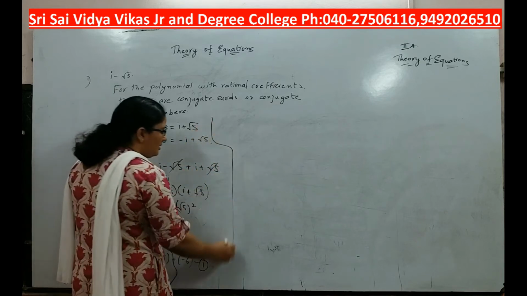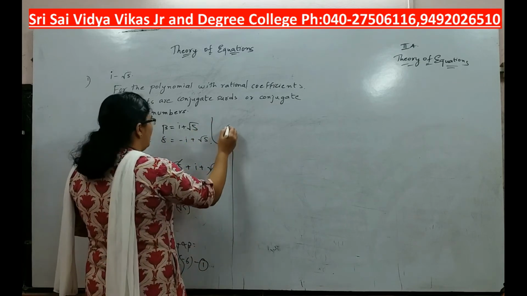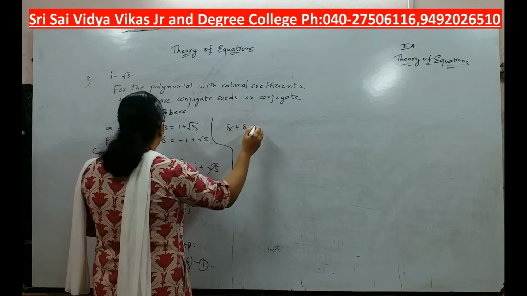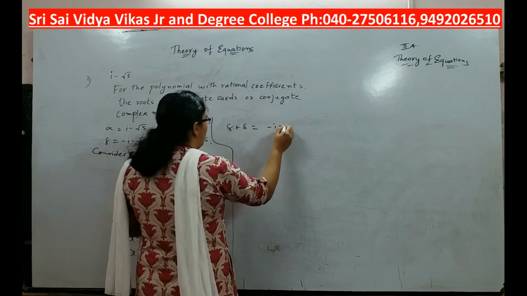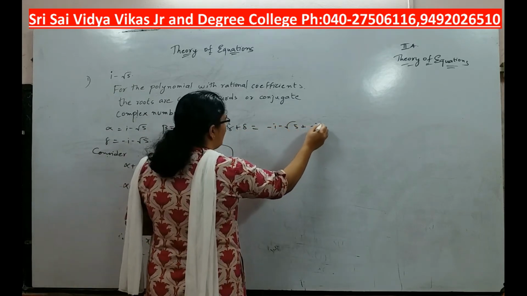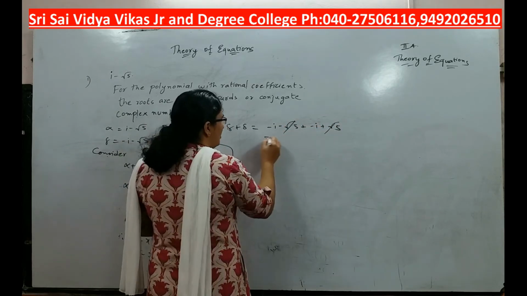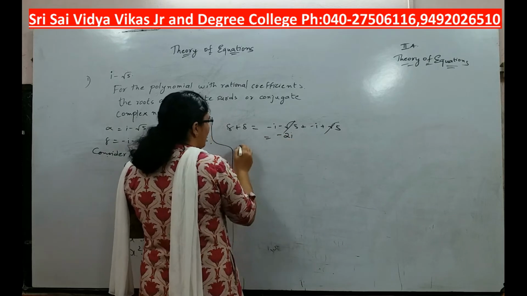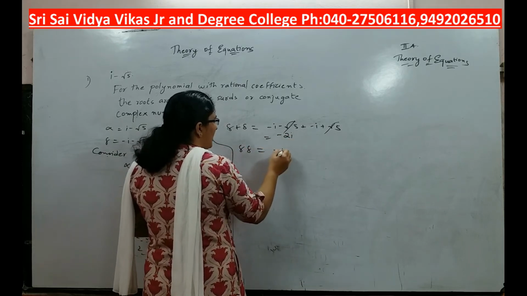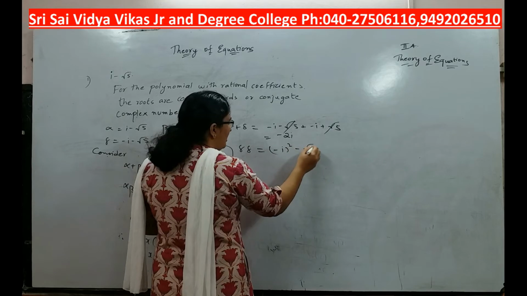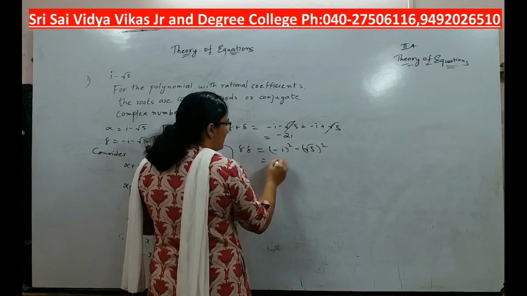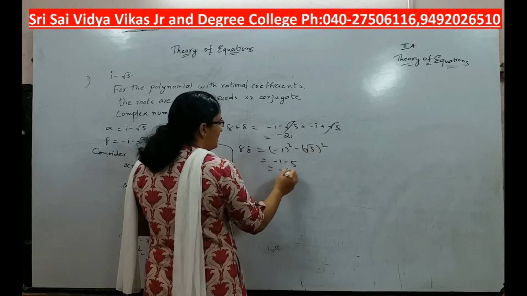Next, gamma plus delta is equal to minus i minus root 5 plus minus i plus root 5. Minus root 5 and plus root 5 cancel, you have minus 2i. Gamma delta is equal to minus i square minus root 5 whole square, which is minus 1 minus 5, which is minus 6.